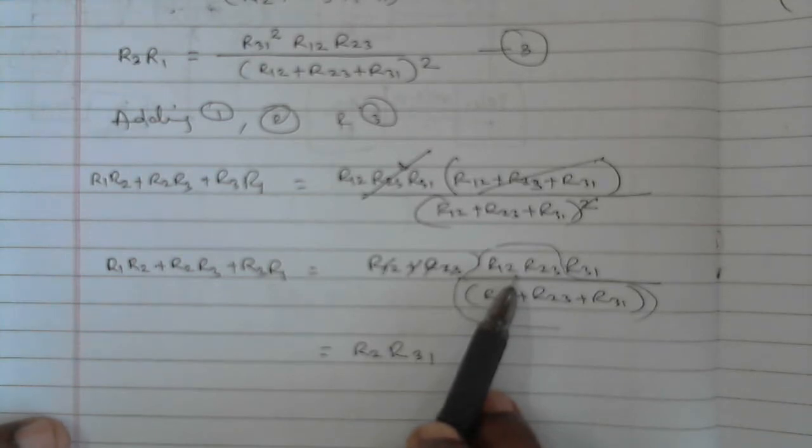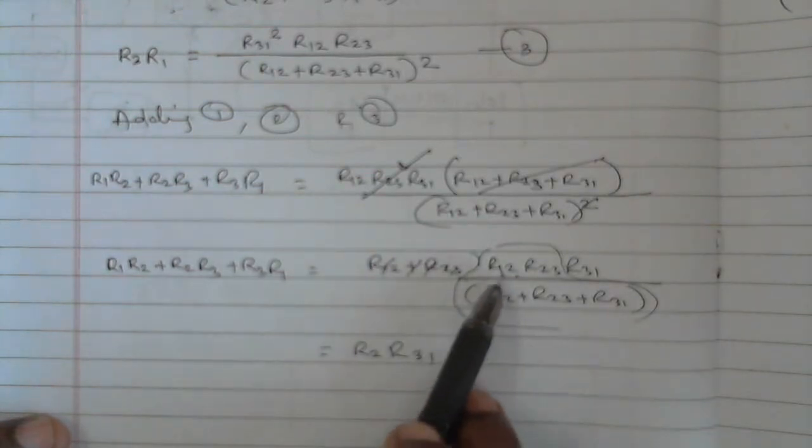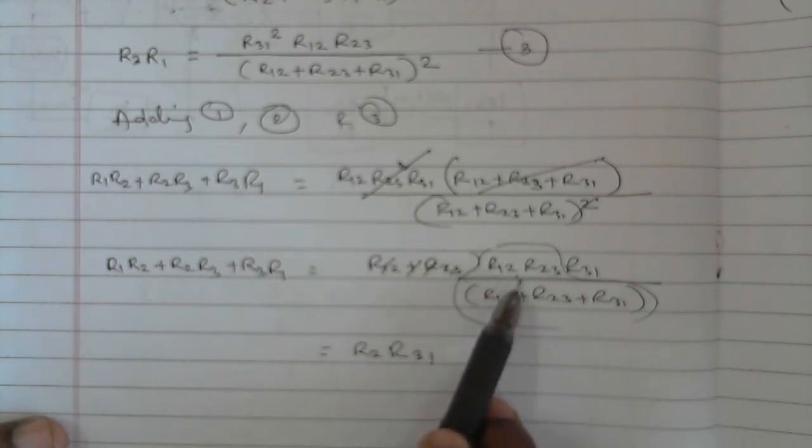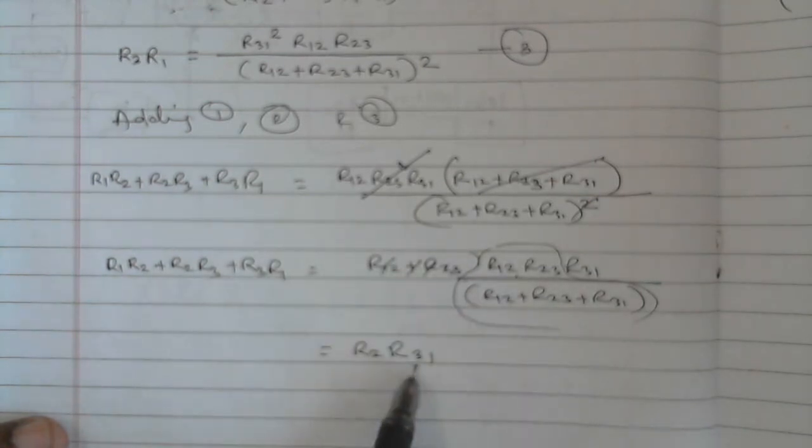Let me check once again. R12 into R23, R31, I replace it with R2. R2 into R31.